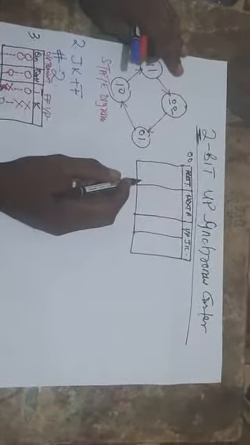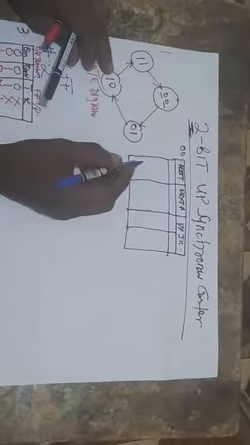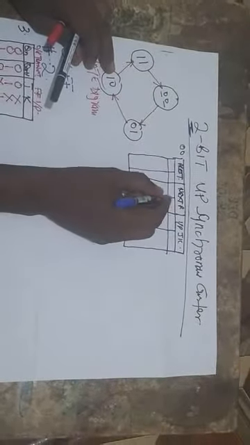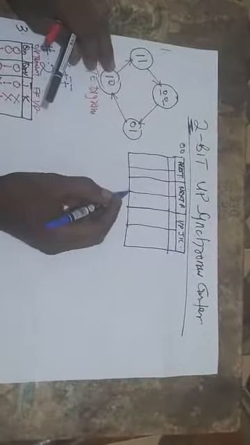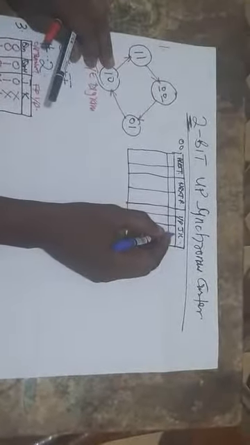Okay, I have it here. In the present state, I'm going to have two columns, and here too I have two columns.